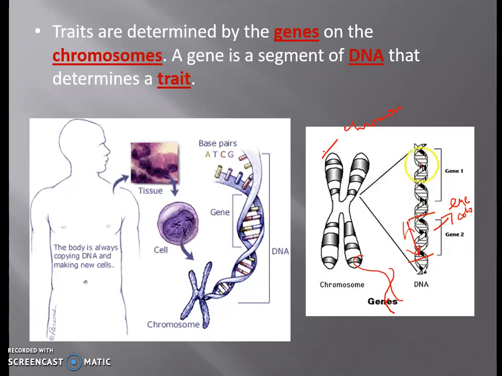If you go further, this DNA will have another part of the chromosome having the codes for the proteins which are going to make your hair color. So these are going to be gene 1 and gene 2. Now you are good with the word genes, which are segments on DNA that determine the trait.